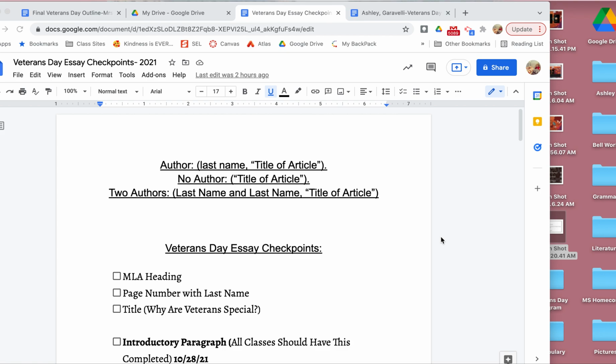I am not sure which classes I went over this with today, but this is for everybody, because you're either going to come to school tomorrow with all of your paragraphs written, including your conclusion, or we're going to be writing our conclusion tomorrow in class. I know for sure that my first period, sixth period, and seventh period are writing their conclusion paragraphs.